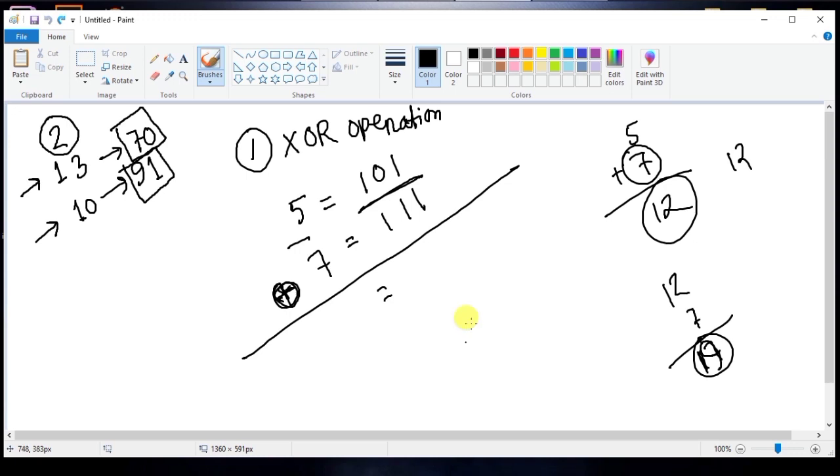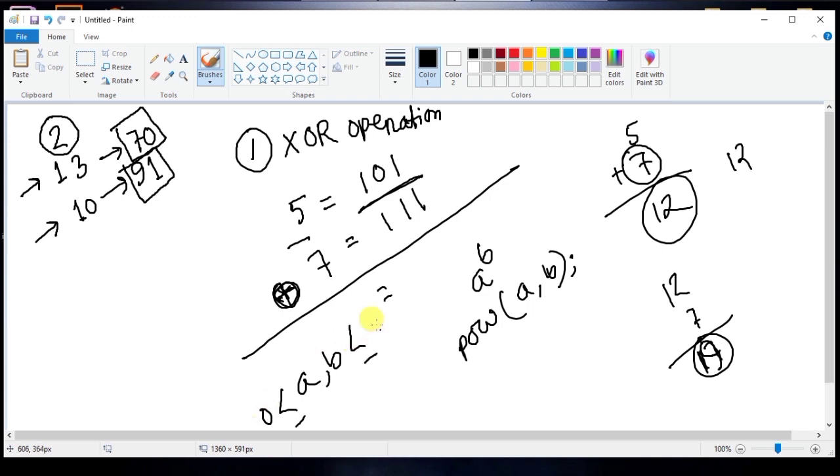And what it does actually, when we do a raised to power b, if we use the power function of C++, and if a and b are both in a big range like 10 to the power 9, then we'll get a TLE. For a small range, like 10 to the 6 or 10 to the 7, it might run, but for 10 to the 9 it might get us a TLE.